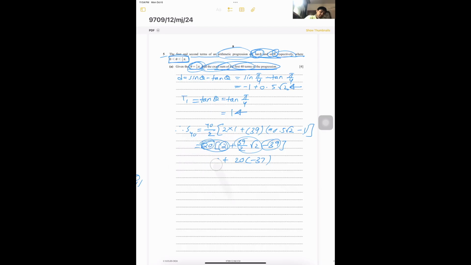I completely omitted the root 2, so sorry. So let's simplify this more. 20 into 39 by 2 root 2 minus 37, so this is 10 for this, then 390 root 2 minus 20 into 37, which is 740. So that is the first part.